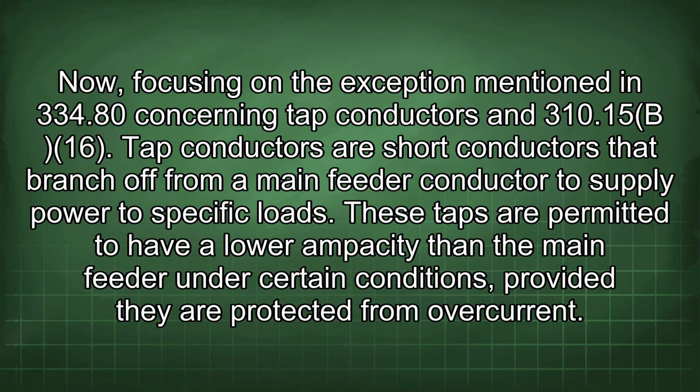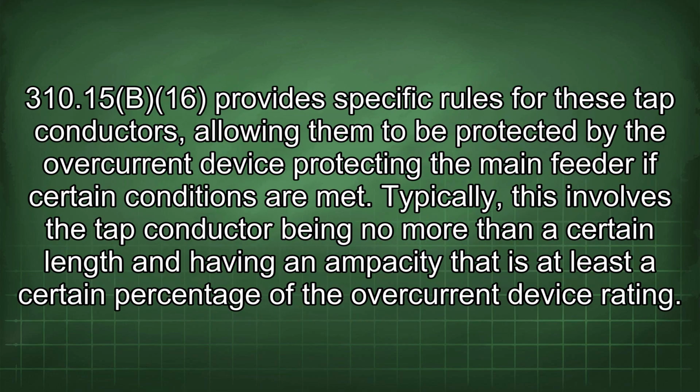These taps are permitted to have a lower ampacity than the main feeder under certain conditions, provided they are protected from overcurrent. 310.15(B)(16) provides specific rules for these tap conductors, allowing them to be protected by the overcurrent device protecting the main feeder if certain conditions are met. Typically, this involves a tap conductor being no more than a certain length and having an ampacity that is at least a certain percentage of the overcurrent device rating.